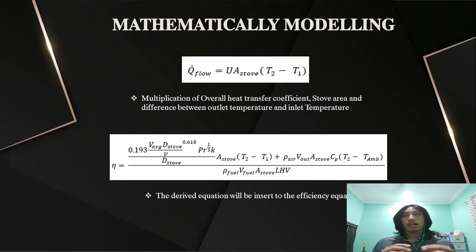After I get all the equations, they are inserted back into the efficiency equation to produce the equation that you see in the slide. The parameters I can obtain from this equation are the outlet temperature, average velocity, and velocity at the outlet.